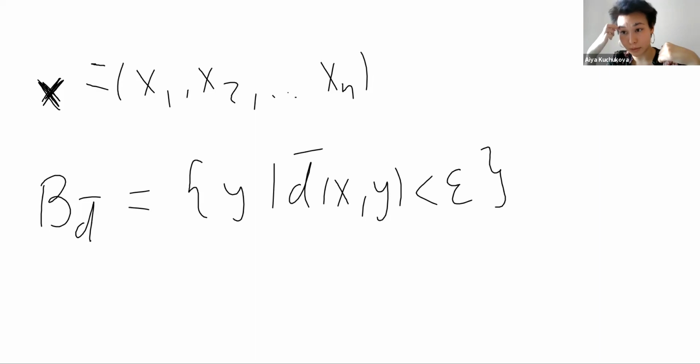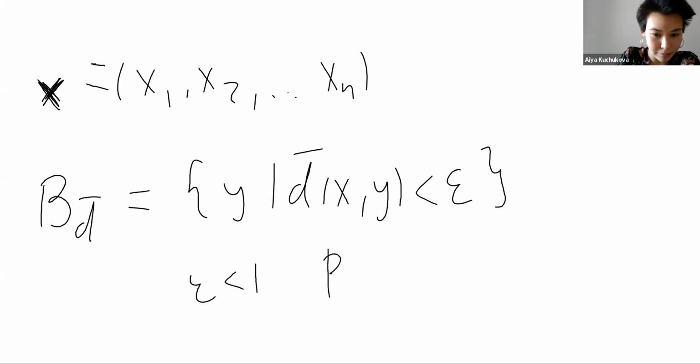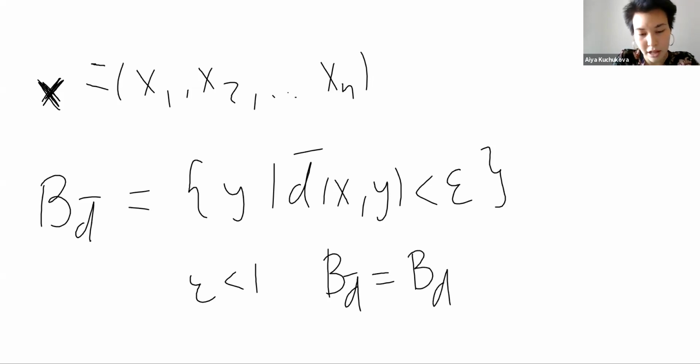So I think most of the time it stays the same as it was. If epsilon is less than 1, B d bar equals B d. And then if epsilon is bigger than 1, then everything is in the ball.